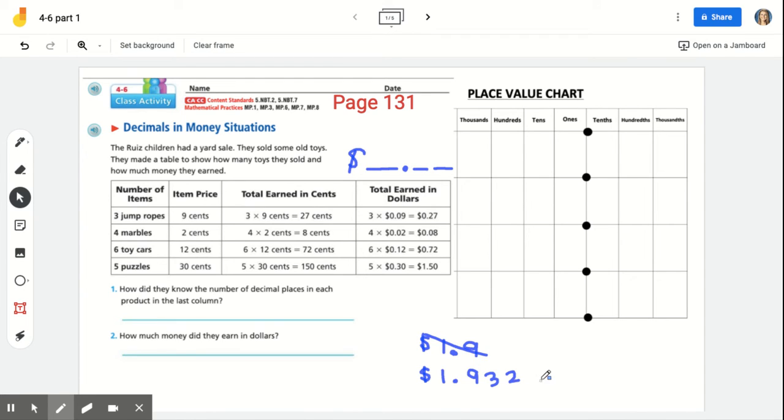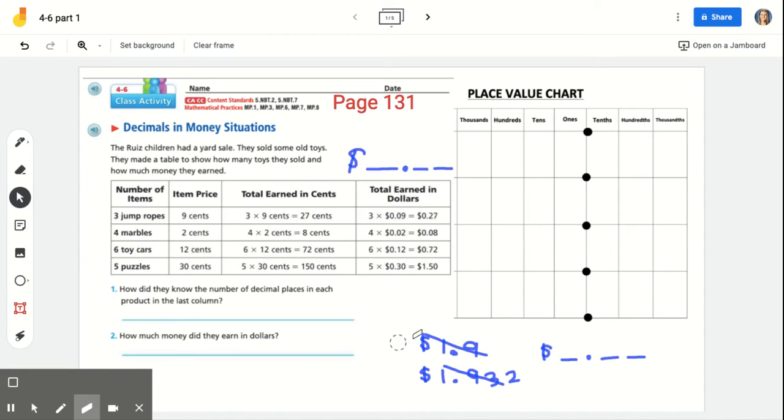This would never be on a sign in the store, for example. We would always see, again, how many dollars, whether it be, in this case, $0 or a whole number here, followed by 2 digits after the decimal, ending in the hundredths place value.